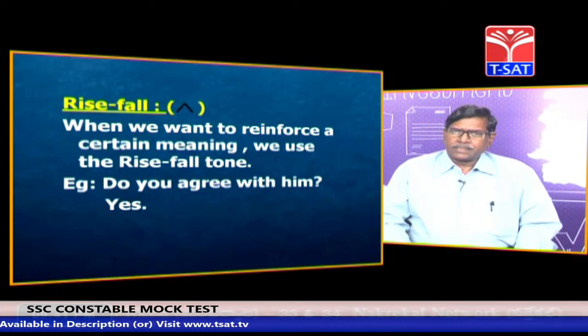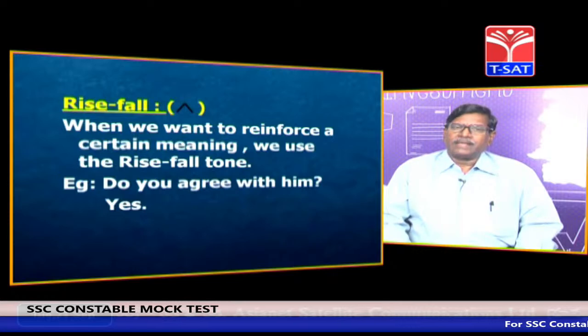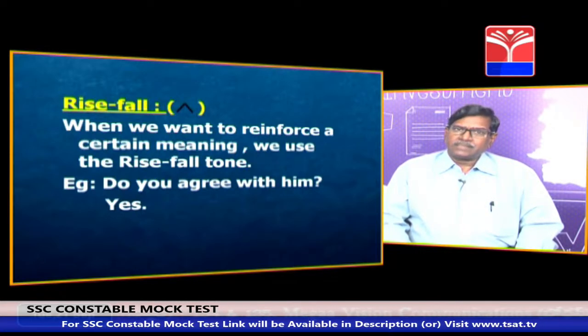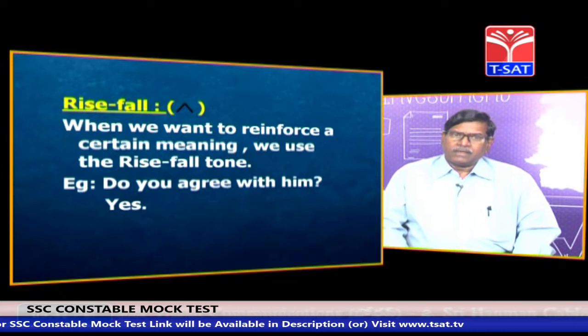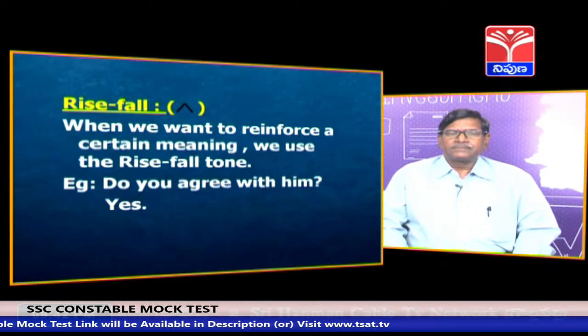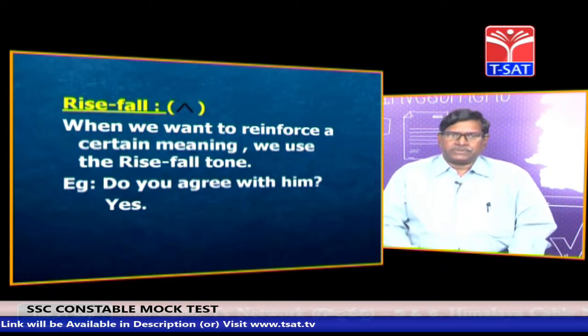That means if you utter that word, Ramesh, with a fall-rise, then you are expressing a sense of doubt about the individual. That means you doubt him to be a nice man. Is Ramesh a nice man? Ramesh, that is fall-rise tone.